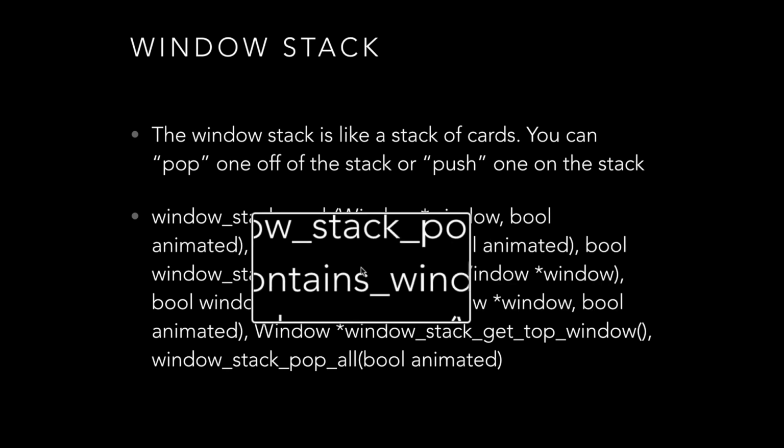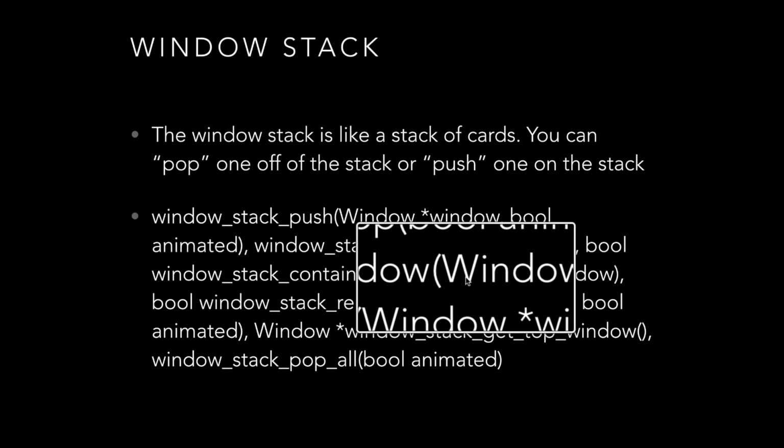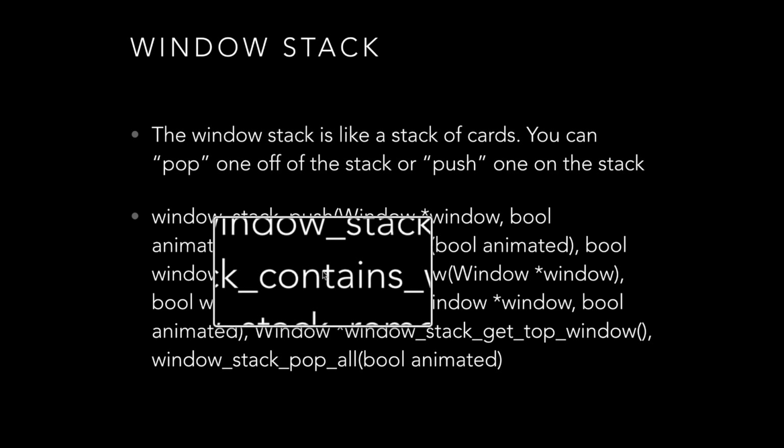This returns a Boolean, window stack contains window. So of your stack of cards, let's say you have an ace, a 4, and a jack, and we're just going to exclude different types like hearts and whatnot, and you ask this equivalent function, does my stack have a 2?